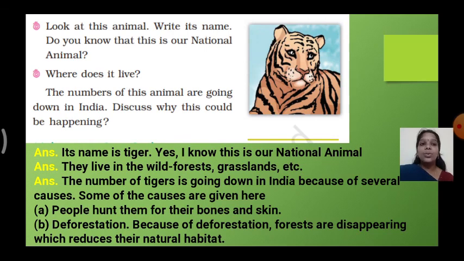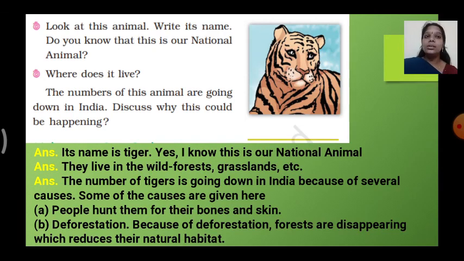The number of tigers is going down in India because of several causes. Some of the causes are given here. People hunt them for their bones and skins. Some people are killing tigers for their skin and for their bones.